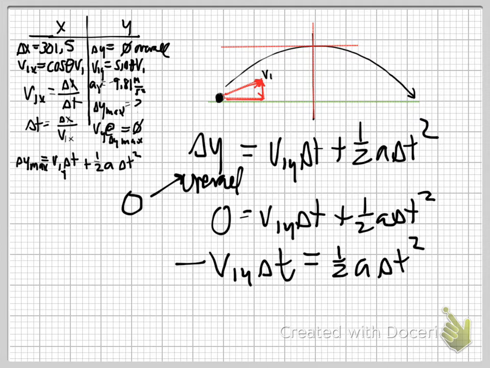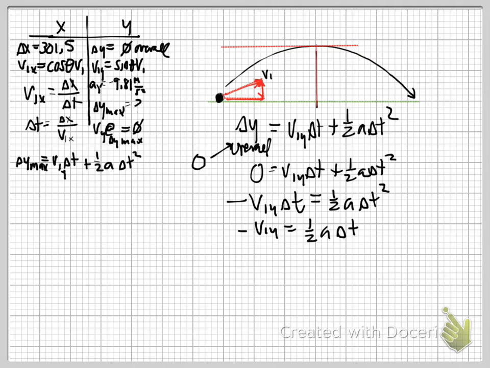You with me? Okay. Well, now we can factor out the one delta t. So we can pull one delta t out of the problem. So we have negative viy equals 1/2 a delta t. Okay, you good with that? Okay. So now I take negative vi sine theta equals 1/2 a delta t.